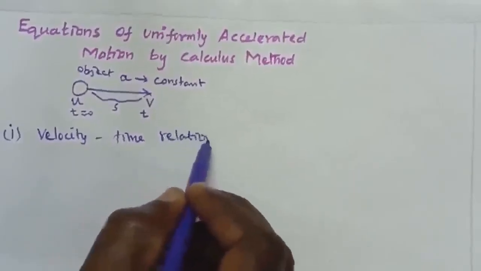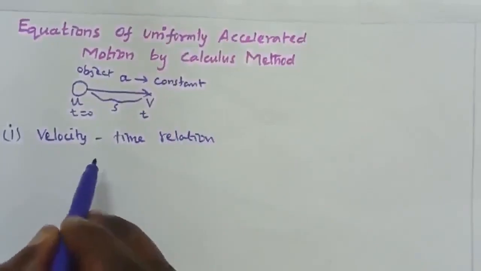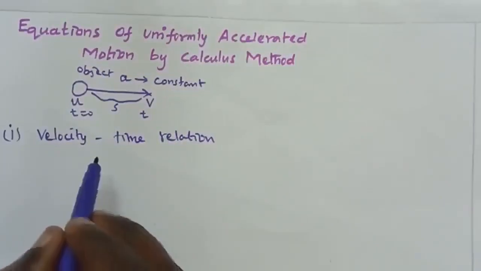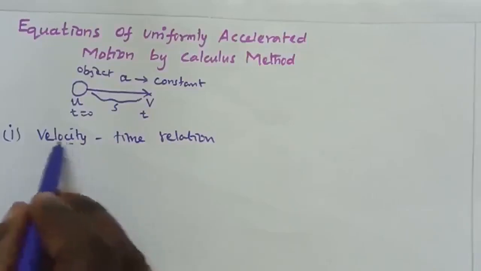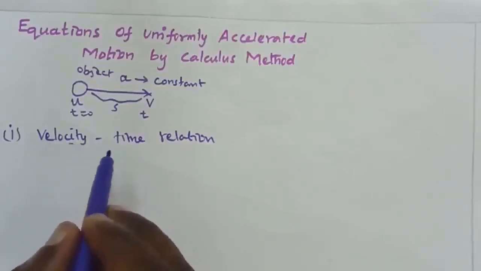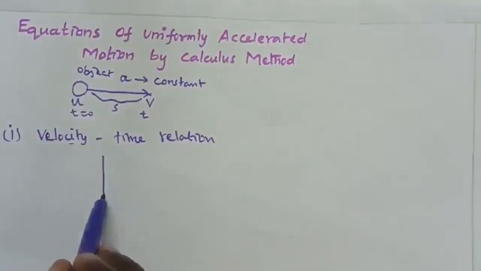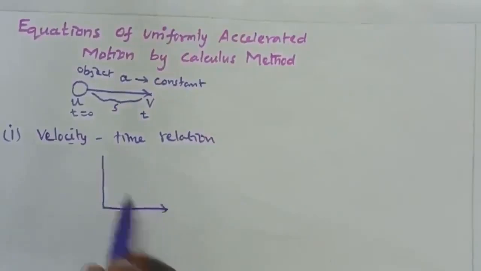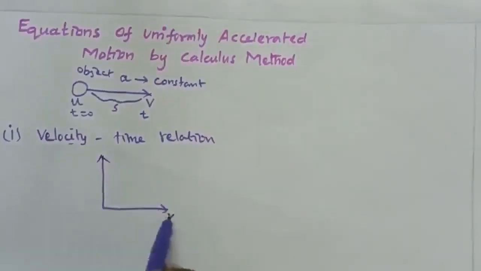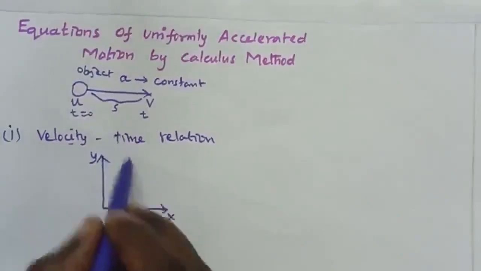Now tell me students, what is the definition of acceleration? Acceleration is defined as the change in velocity with respect to time. Now draw the velocity time graph, taking two axes, x-axis and y-axis.